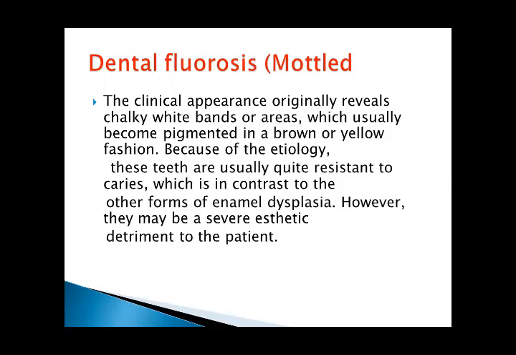Clinical appearance originally reveals chalky white bands or areas that usually become pigmented brown or yellow. Because of the etiology, these teeth are usually quite resistant to caries, which is in contrast to the other forms of enamel dysplasia. There may be a severe aesthetic detriment to the patient.